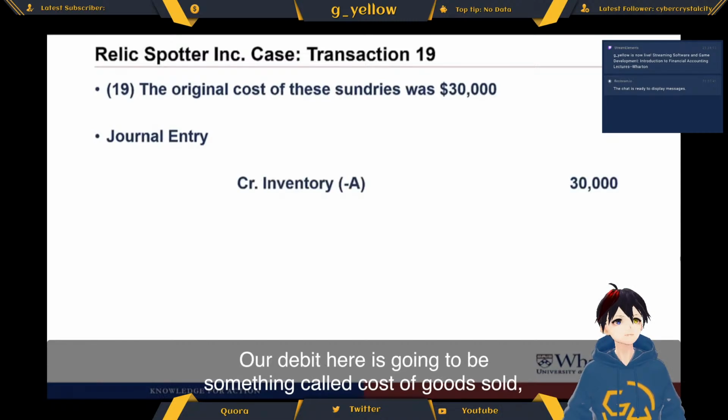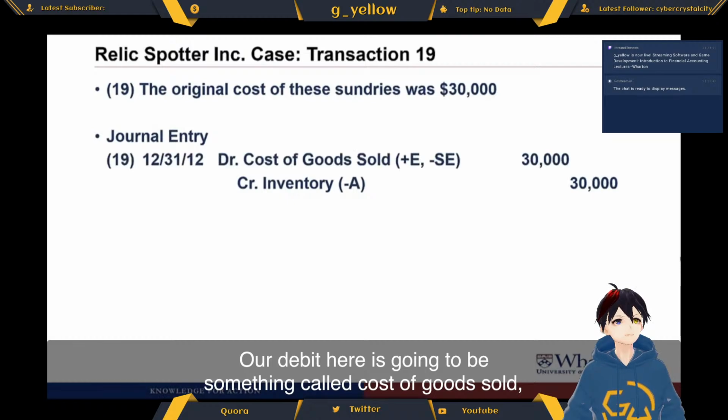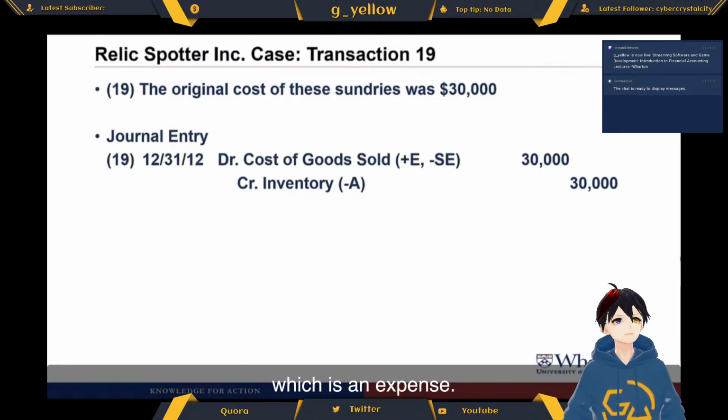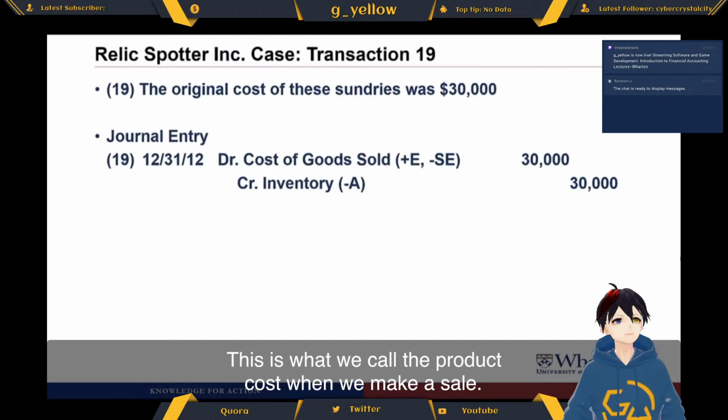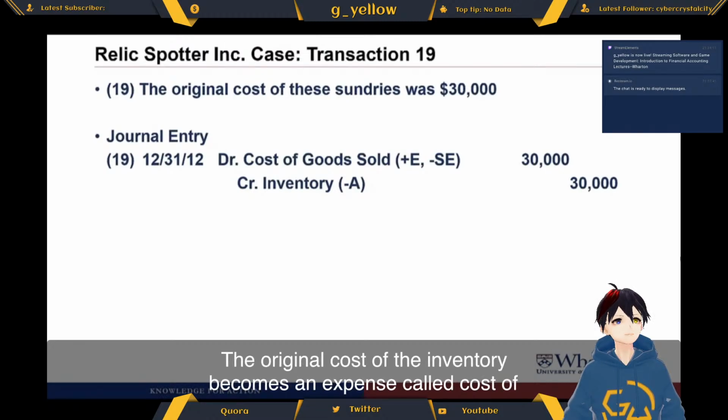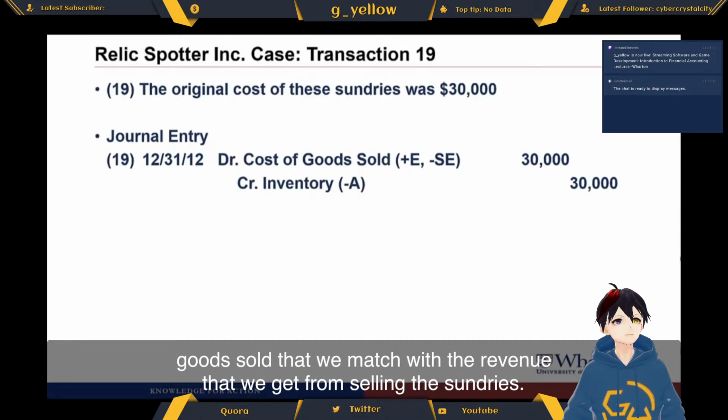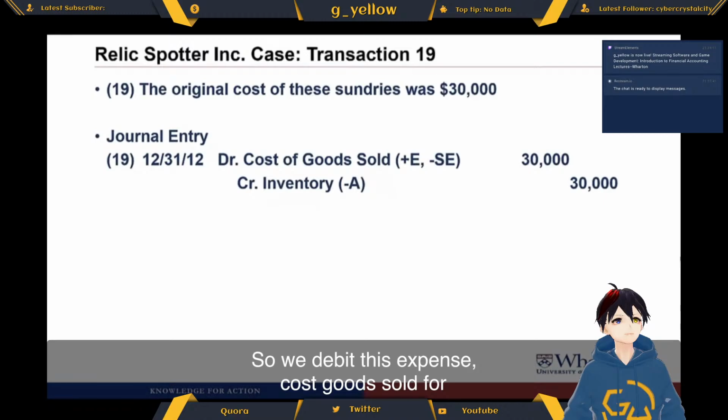Our debit here is going to be something called cost of goods sold, which is an expense. This is what we call the product cost when we make a sale. The original cost of the inventory becomes an expense called cost of goods sold that we match with the revenue that we get from selling the sundries. So we debit this expense, cost of goods sold, for $30,000, which then will reduce stockholders' equity.